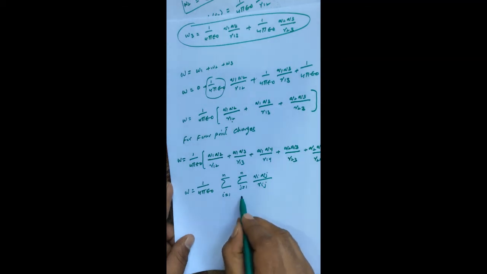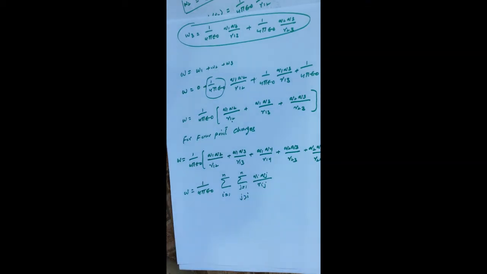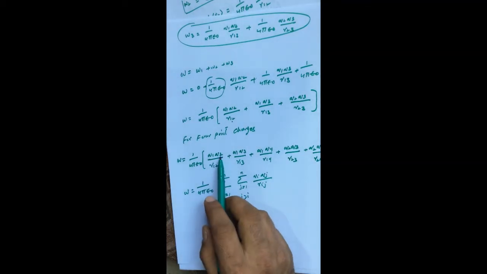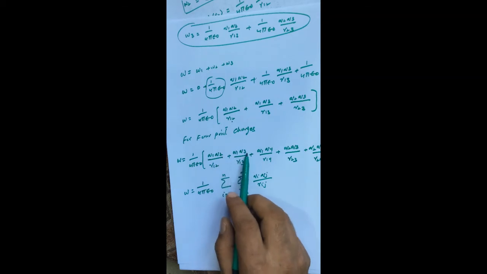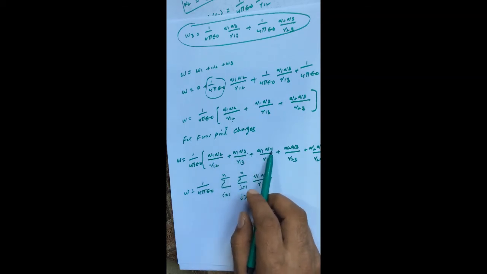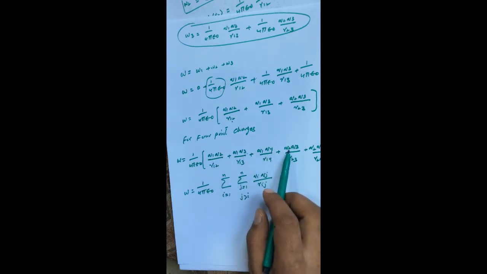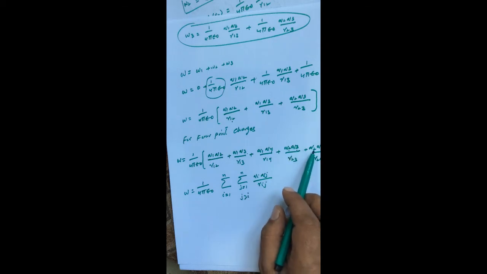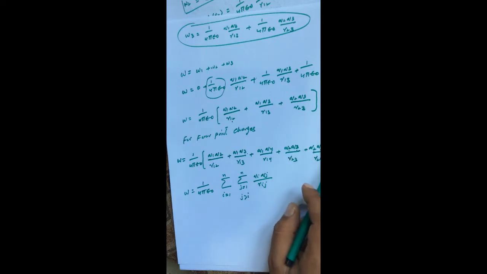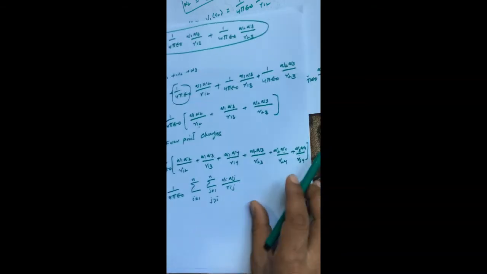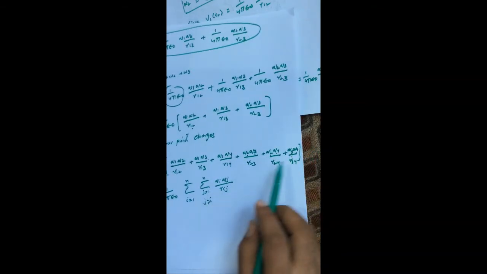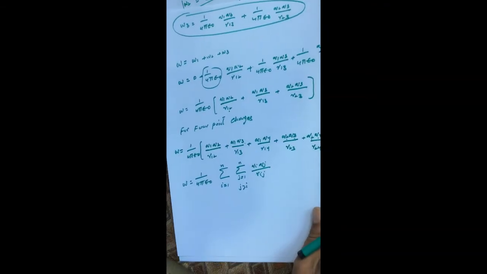But there is a condition that j is always greater than i, because 1 2, 1 3, 1 4, then i is 2, j is 3, i is 2, j is 4, i is 3, j is 4. So j is always greater than i.